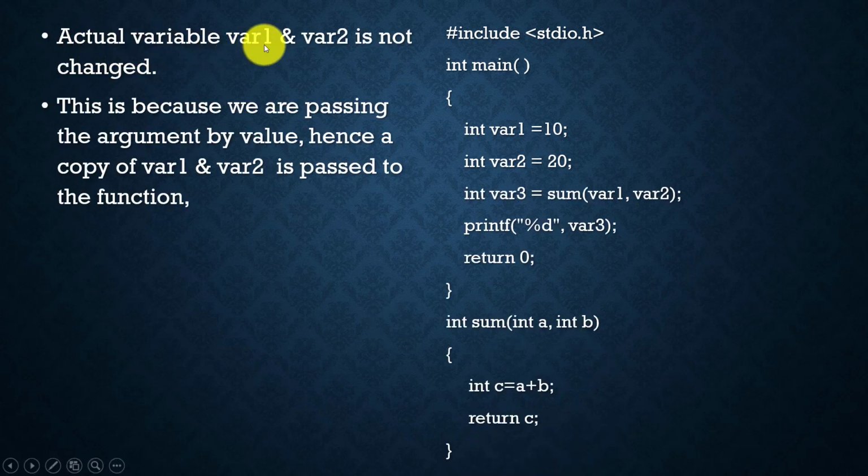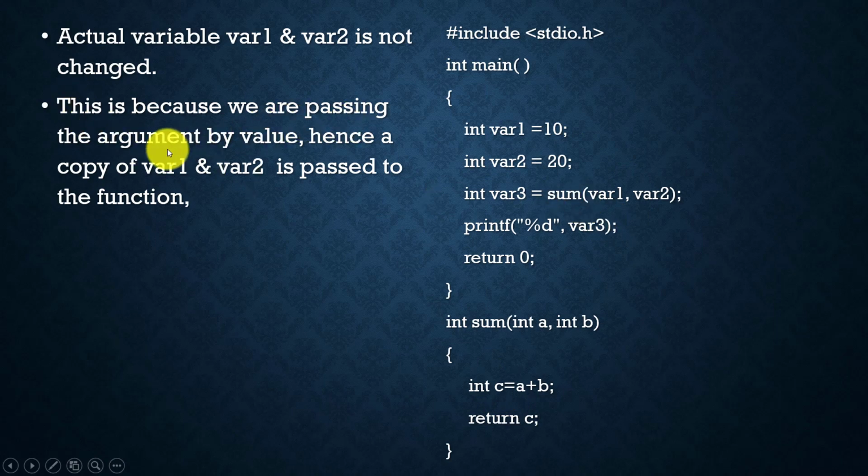Now the actual variable 1 and variable 2 are not changed. What is meant by that? It copies the actual values of the arguments into the formal parameters, and any change made to the parameters inside the function has no effect on the actual variables.